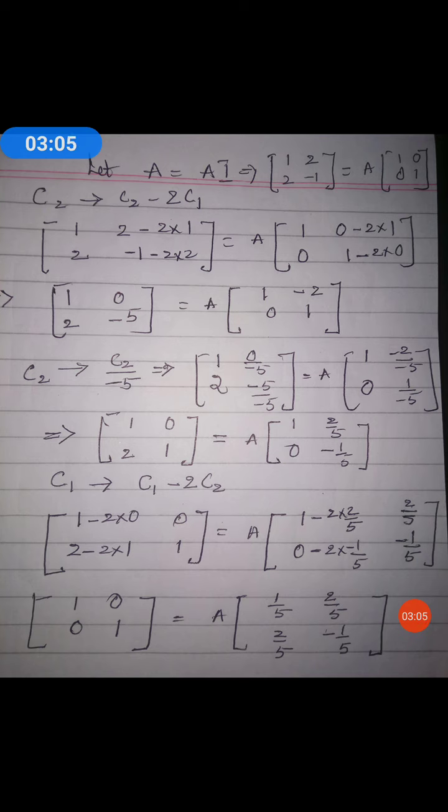Remember, we are using column operations, children, not row operations. We should never mix column and row. If the question asks for column operation, the entire problem you have to use column operation.